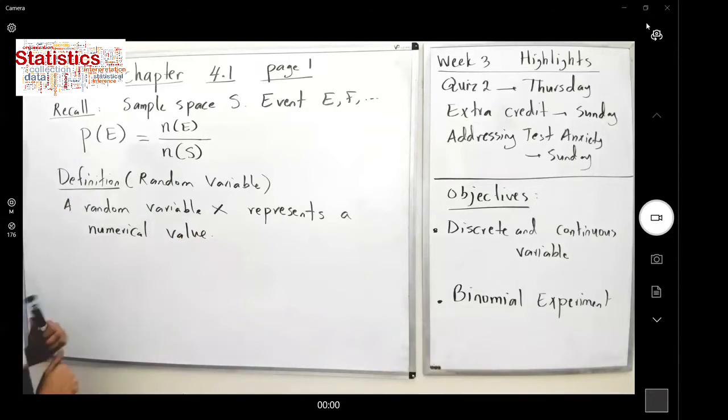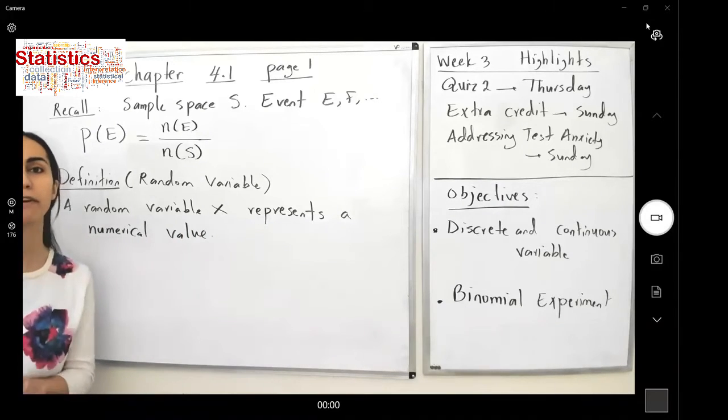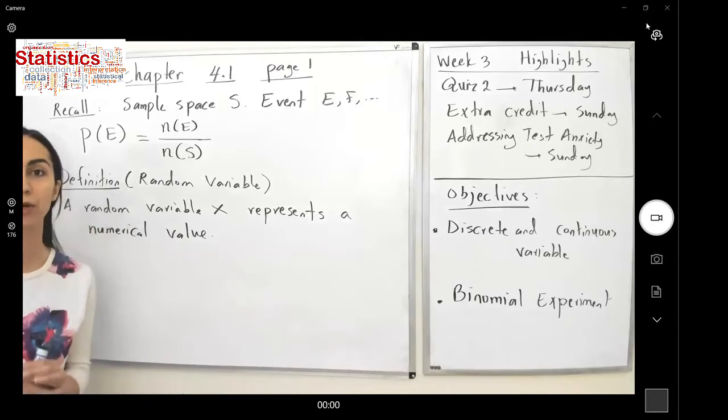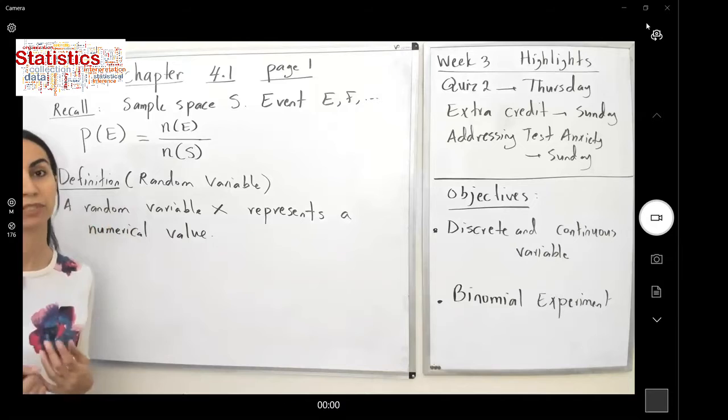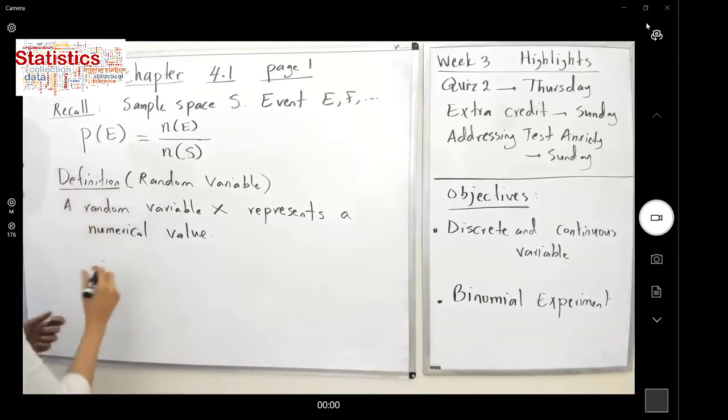Very well. So when it comes to random variable, we have two different types of random variable. It can be countable or discrete.